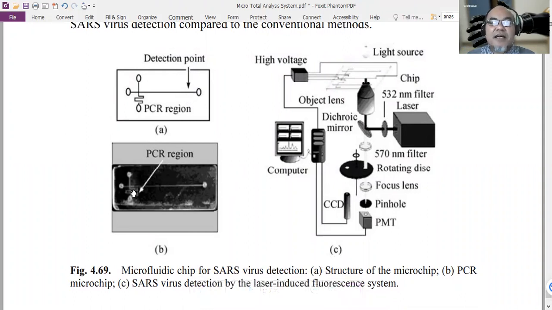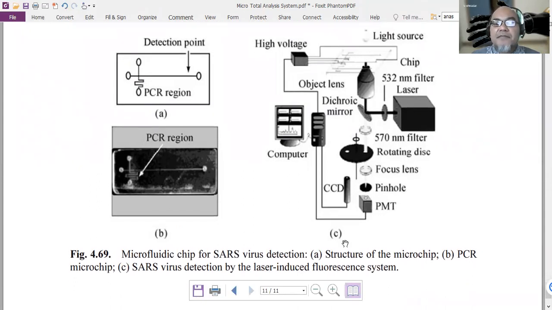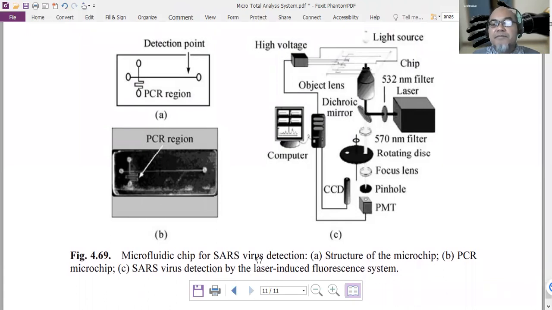In the PCR region, the temperature is controlled in three different regions: the denaturation, the hybridization, and the annealing. And then the detection uses a light source in a microscope, laser and CCD, by a laser-induced fluorescence system.